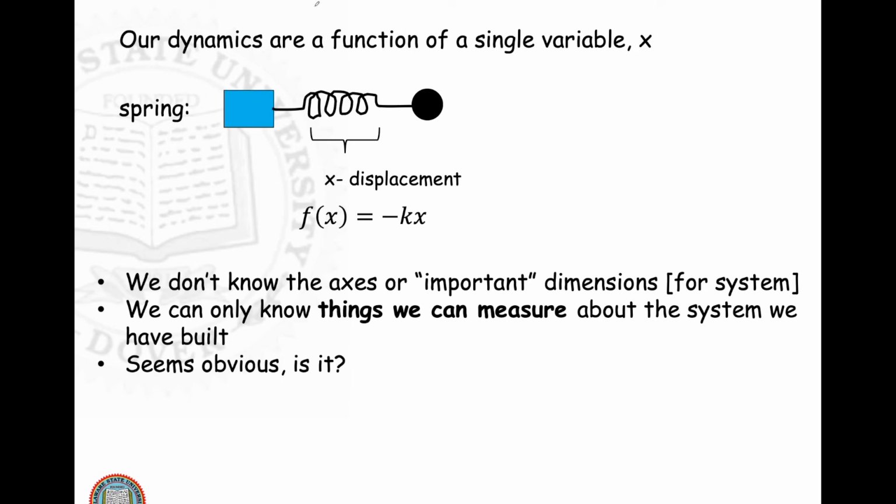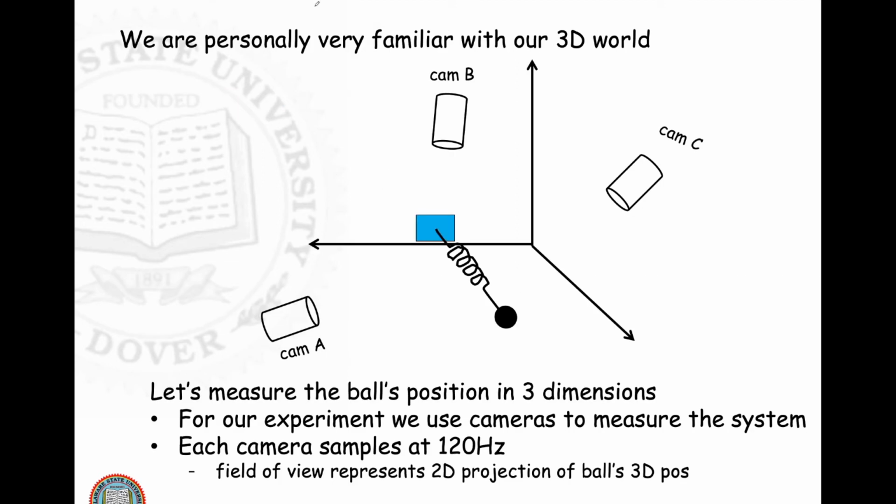We can certainly say the displacement and the motion are along x, but in practice, we don't know the axes or the important dimensions for the system. We can only know through experimentation all the things that we can actually measure about the system we've built. Now, this seems fairly obvious, but it's not always so obvious, and we'll talk about that in a little bit more detail. So this is what happens in general.